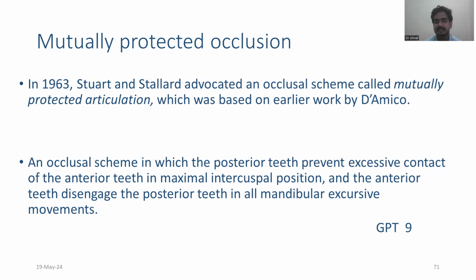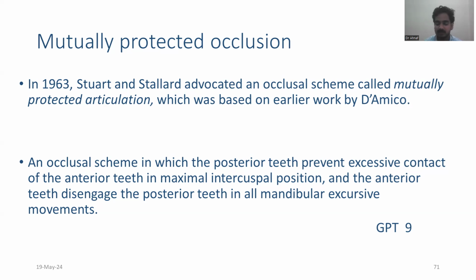In 1963, Stuart and Stallard advocated an occlusal scheme called mutually protected occlusion, which was based on earlier work by Diamond. In this occlusal scheme, the posterior teeth prevent excessive contact of anterior teeth in maximum intercuspal position, and the anterior teeth disengage the posterior teeth in all mandibular excursive movements.